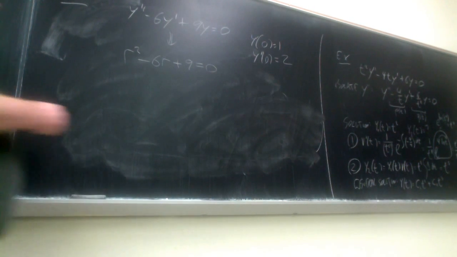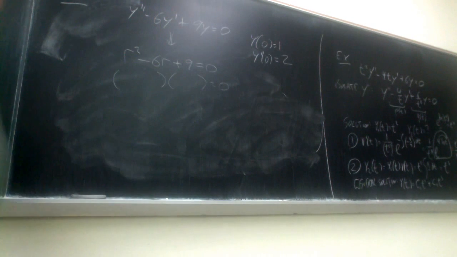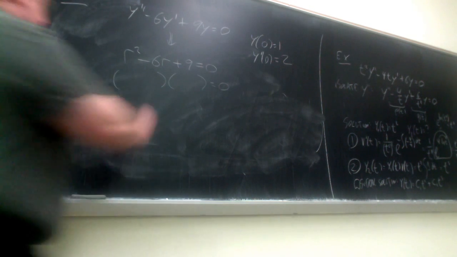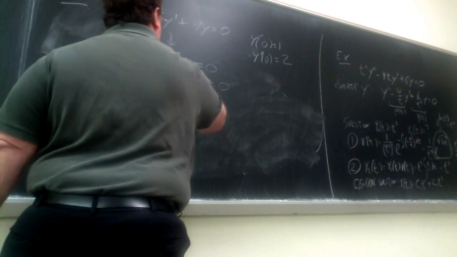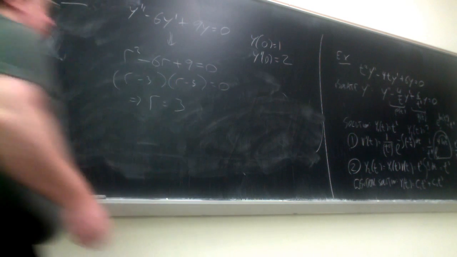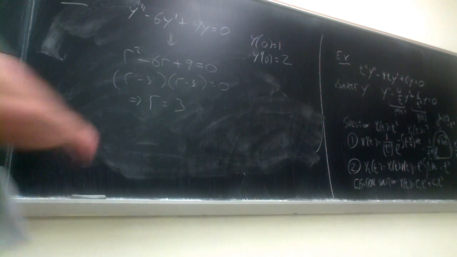So what happens when you factor that? (r minus 3) squared. Yeah, r minus 3, r minus 3. So you get repeated roots. So 3 is your only root, and therefore it is a double root.